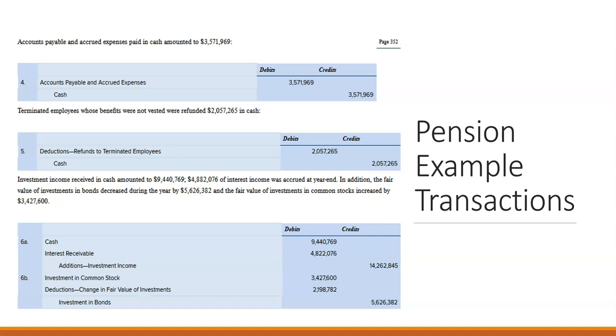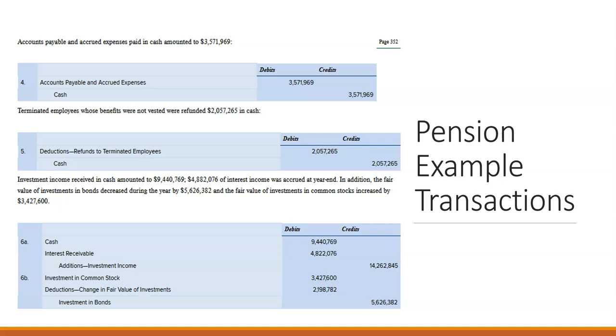Okay, some other examples. We have terminated employees, in this example, refunds to terminated employees. I mentioned this when we looked at the statement of additions and deductions: when people leave, they get their contributions to retirement refunded to them.